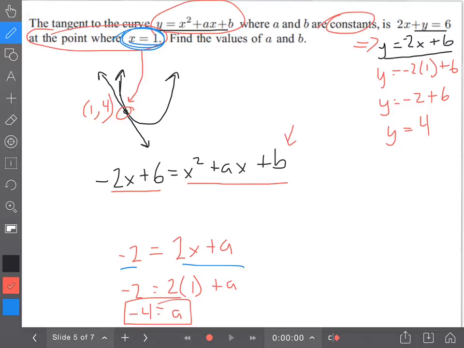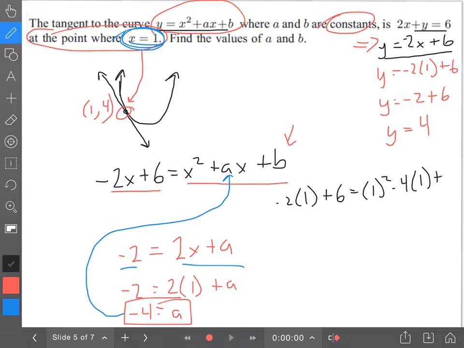Now, how do you get b? Well, of course, you use the other equation, just like when you're solving linears or double quadratics or whatever else. So we're going to take the a and put it in, and of course, we still know that x equals 1. We get negative 2 times 1 plus 6 equals 1 squared plus a, which was negative 4, so minus 4 times 1, plus b.